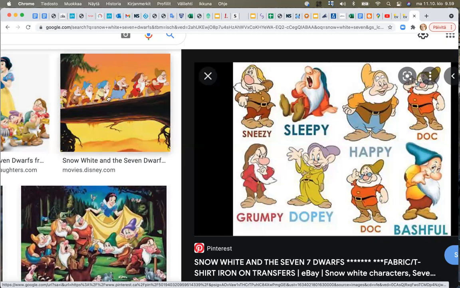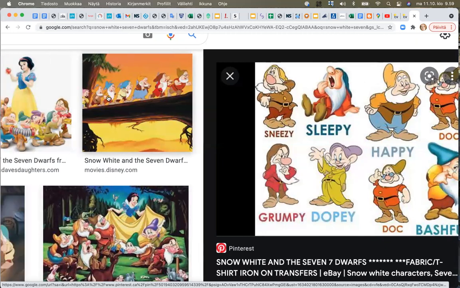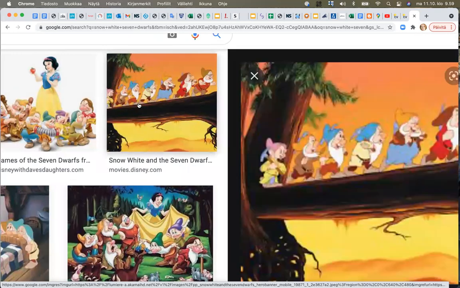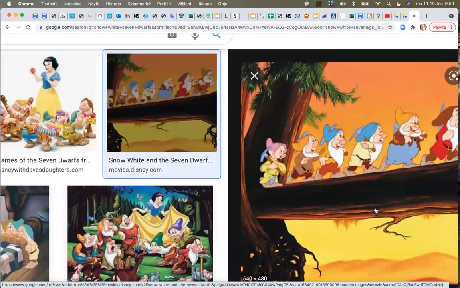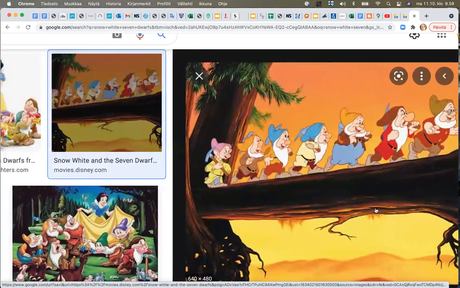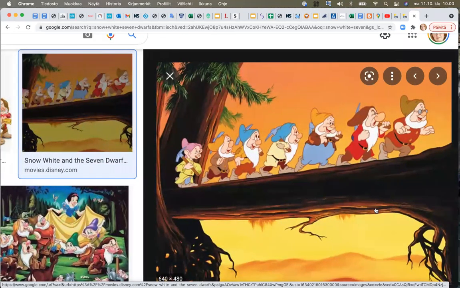And the different personalities were also visible in the way they acted and the way they were animated and how they were even walking. Like one animator, what was his name? Shane something.